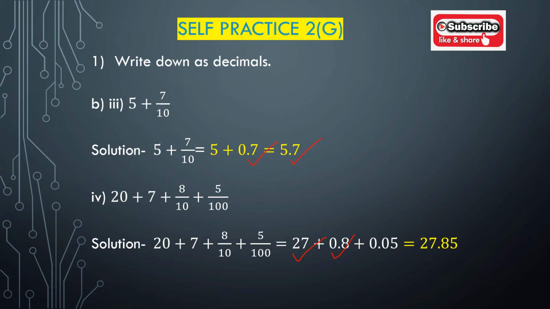And 5 divided by 100 will be, in 100 there are two zeros, so we have to place two digits after the decimal point, so it will be 0.05. 27 plus 0.8 plus 0.05 will be 27.85. So 20 plus 7 plus 8 divided by 10 plus 5 divided by 100 will be 27.85.